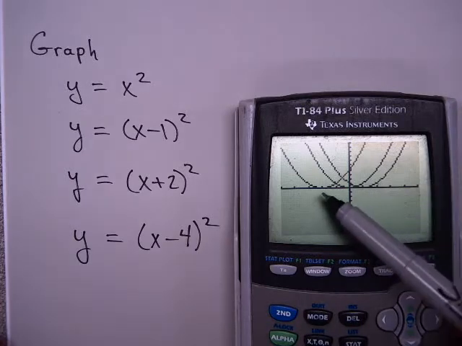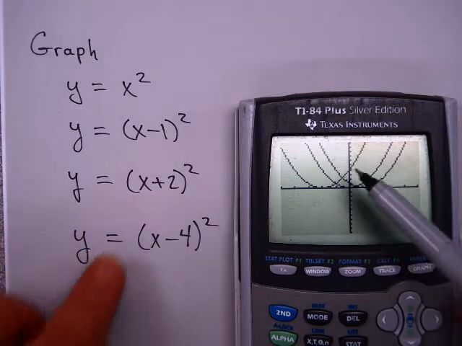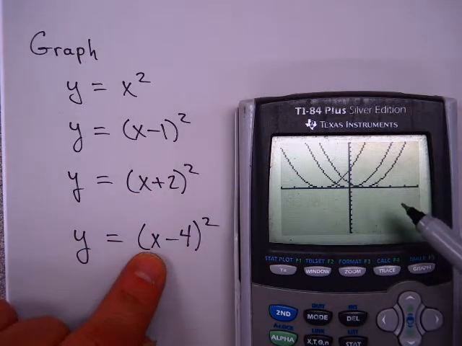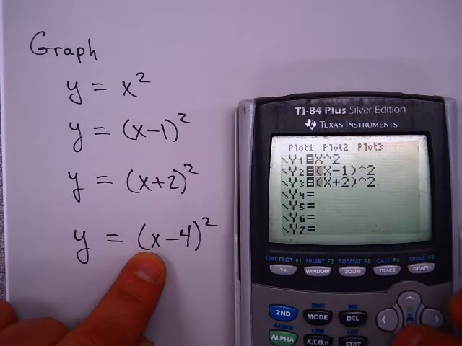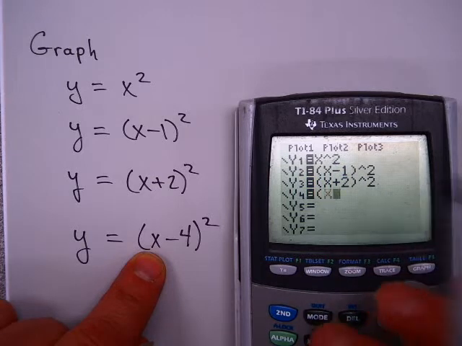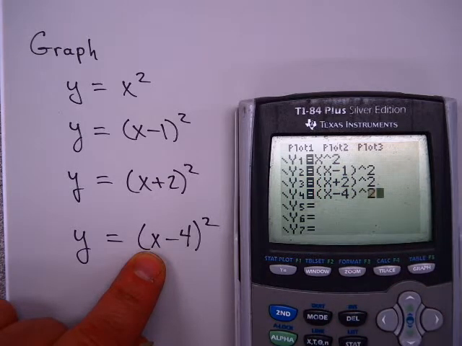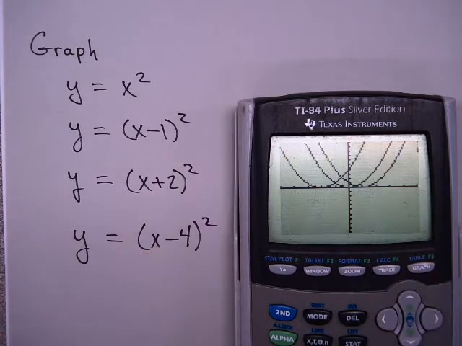That's a shift 2 units in the negative direction. So what do you think x minus 4 squared would look like? Well, let's take a look. x minus 4 quantity squared. Graph this. That's a shift 4 units in the positive direction.